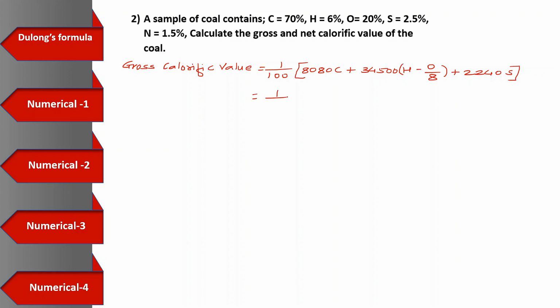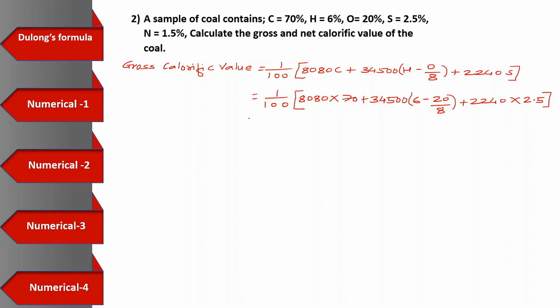Put the value of each constituent, that is the percentage. So 8080 into the percentage of carbon, which is 70, plus 34,500 in bracket, percentage of hydrogen is 6 minus percentage of oxygen is 20 upon 8, plus 2240 into percentage of sulfur, which is 2.5.